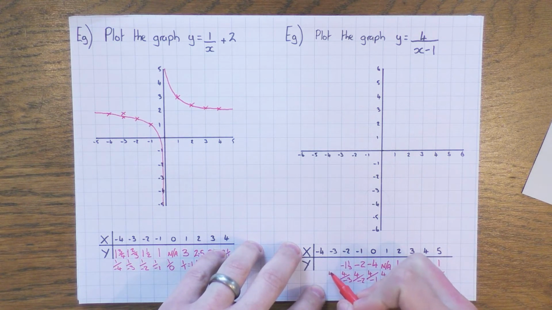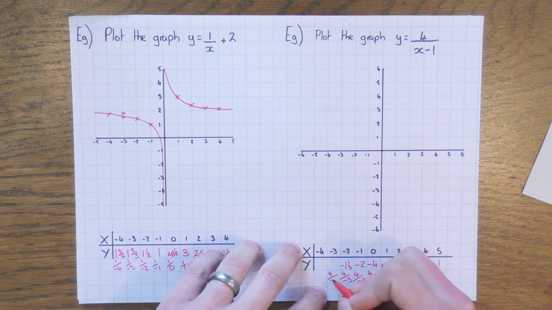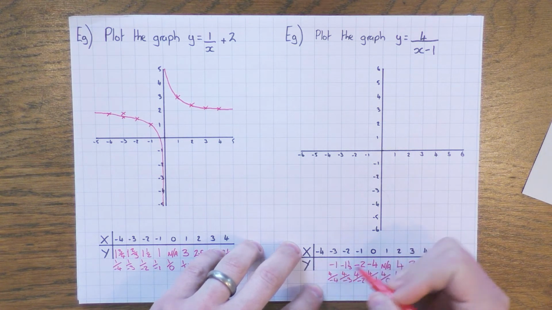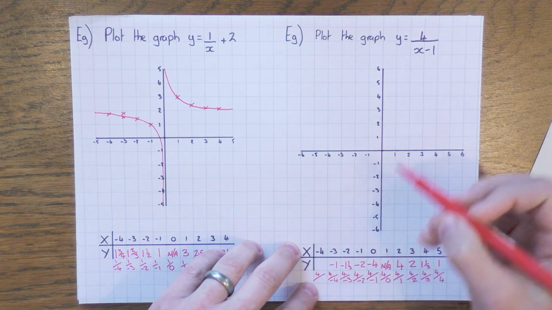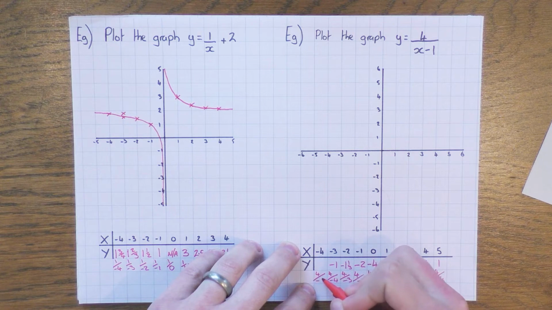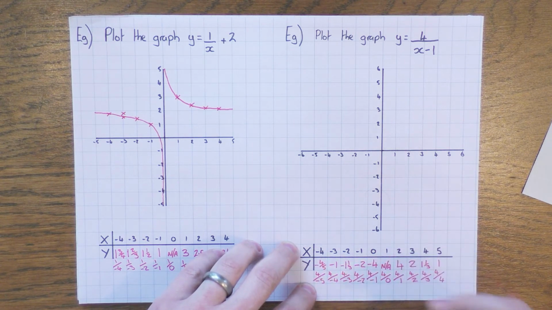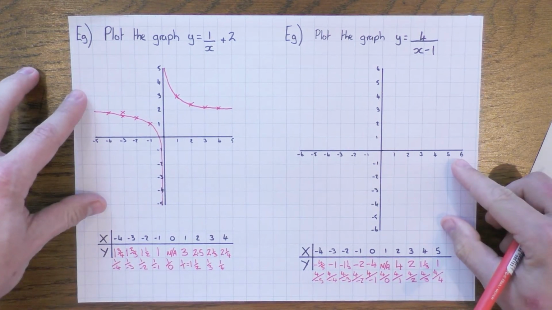And I'm going to keep going. So if x is -3, -3 minus 1 is -4. So 4 divided by -4 is -1. And then the final one on this one, if x is -4, -4 minus 1 is -5. So I'm going to have -4/5 or -0.8 when I convert it to a decimal.